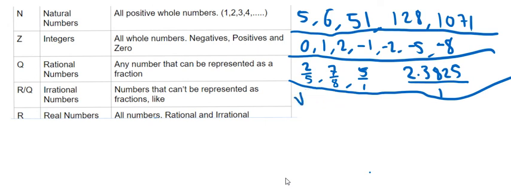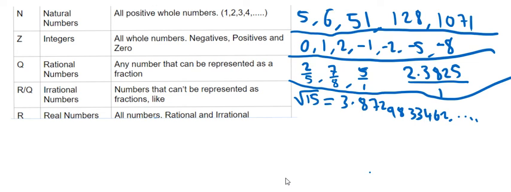But if I was to take something like the square root of 15, if you were to take your calculator and put in the square root of 15, you'll get 3.8729833462, and it keeps going. It never ends really.